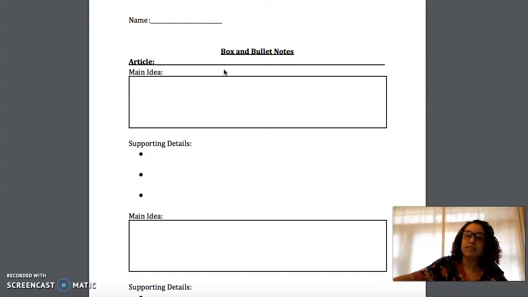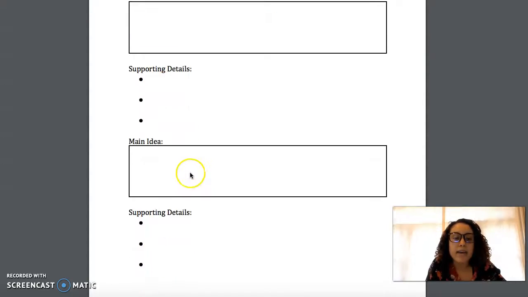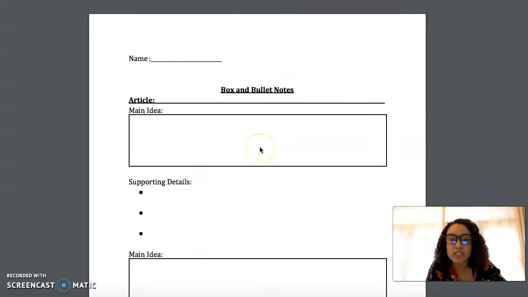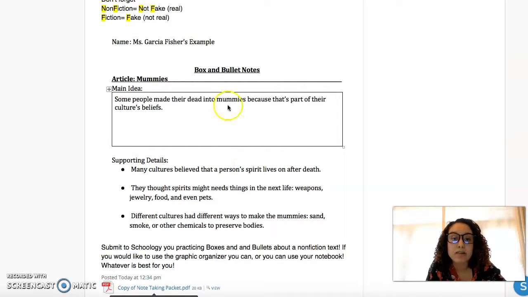If you're going to use text evidence, that's great. Just make sure you use quotation marks to show that. And you're going to see that there's a couple different options for different main ideas as you're reading. If you would prefer to use your notebook, that is also fine as well. Whatever helps you organize your thoughts when you're using the boxes and bullets note-taking method.